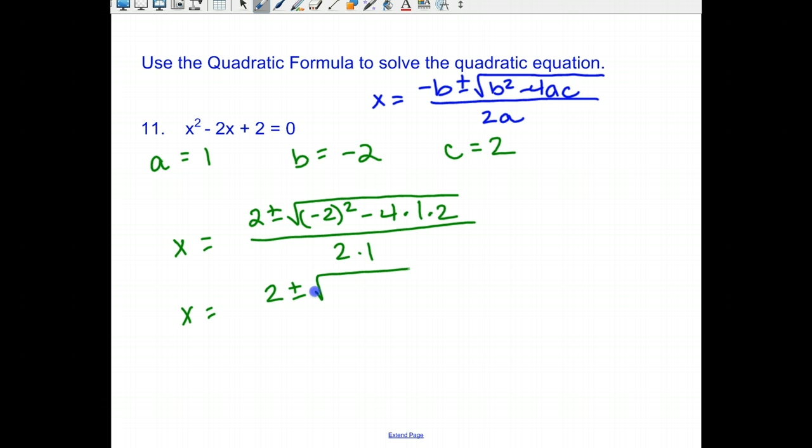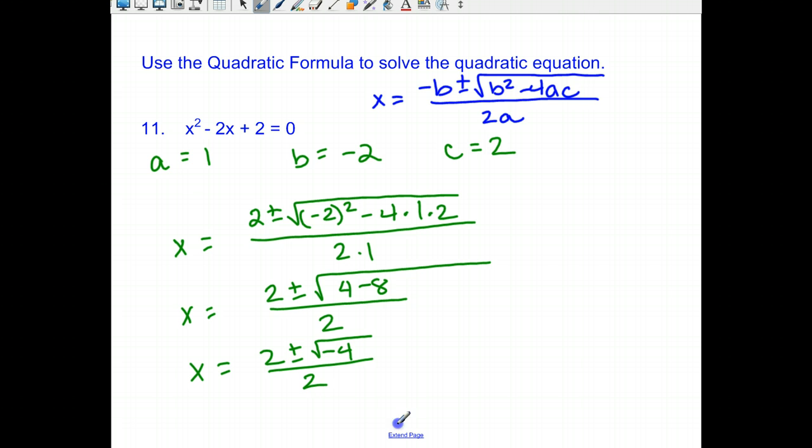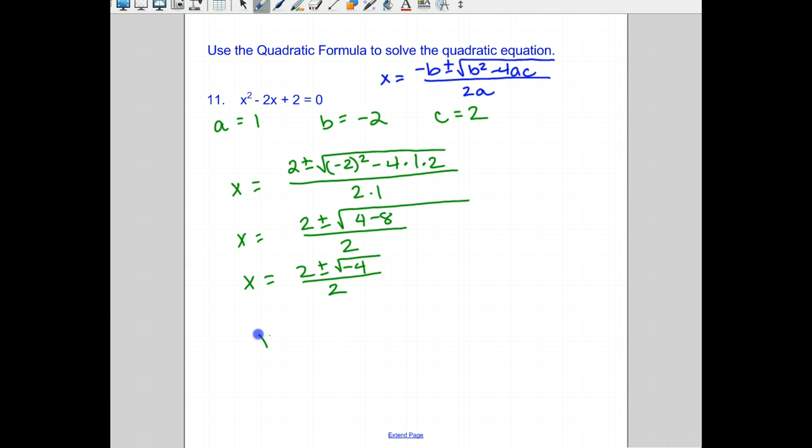x equals 2 plus or minus the square root of 4 minus 8 over 2. So it's 2 plus or minus the square root of negative 4 over 2. That's going to be 2 plus or minus i times the square root of 4, which is going to be 2 plus or minus 2i over 2.